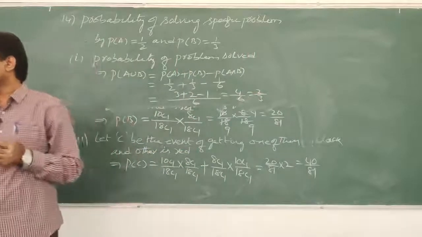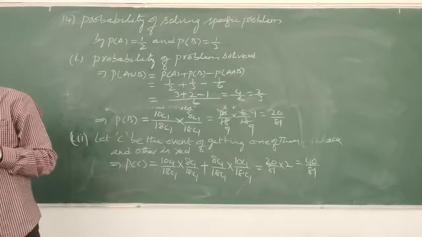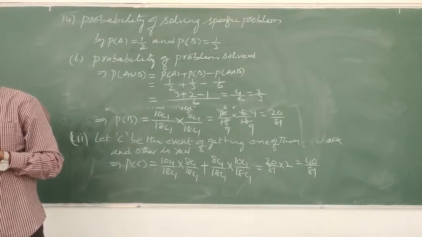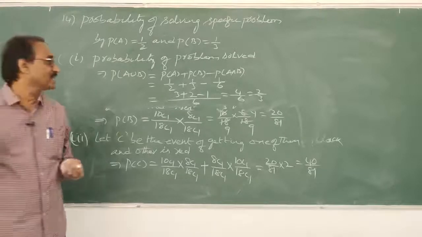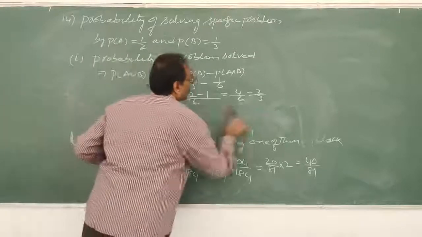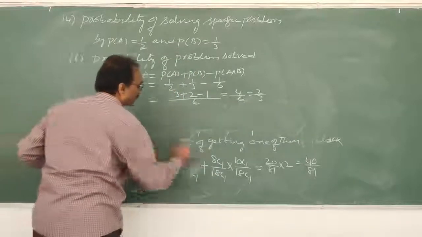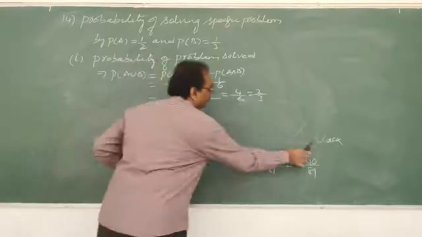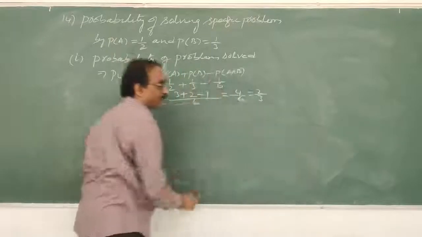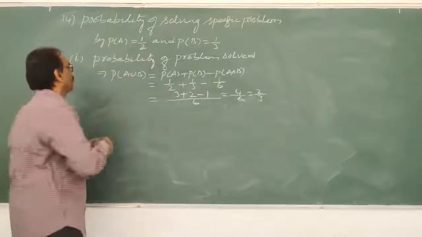Okay. Now what is the first bit? What is the second bit? Exactly one of them solves the problem. In the second bit, what is said? Exactly one of them will solve. That only I want. What does it mean? I'll write.